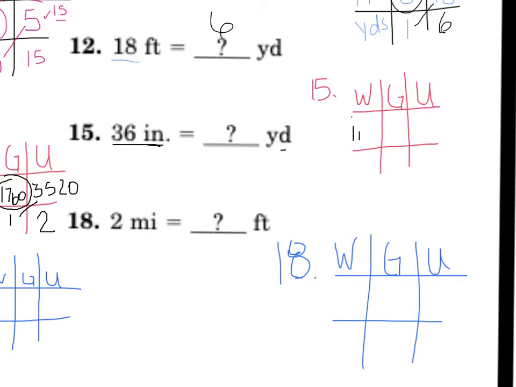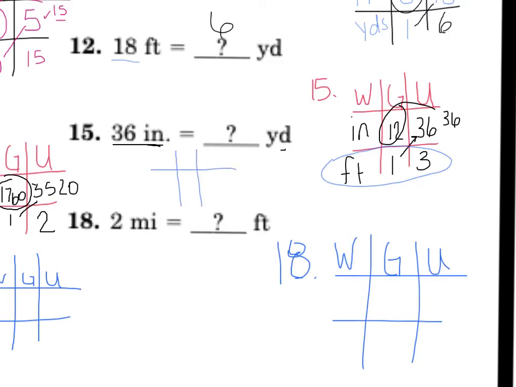So we're going to do inches and feet, and that's 12 and 1. Okay, 36 inches would be how many feet? 1 times 36 is 36 divided by 12. That's 3 feet. Now we're going to take this information and put it on a new WGU table.